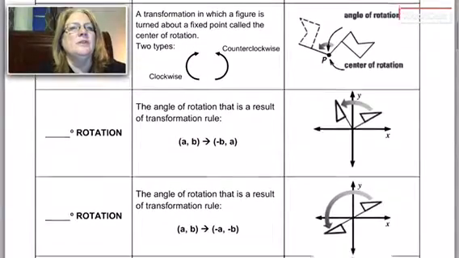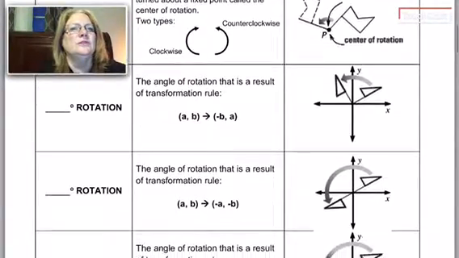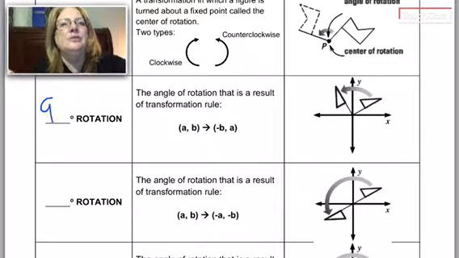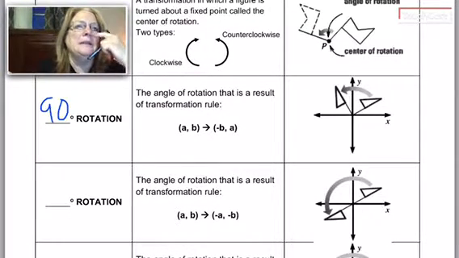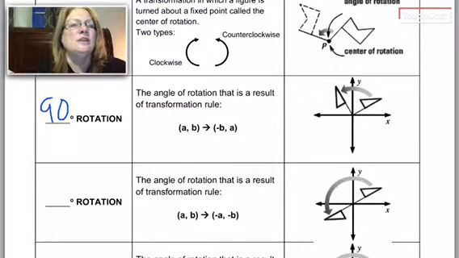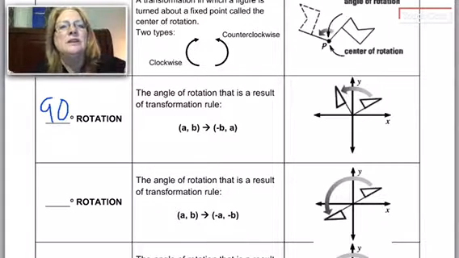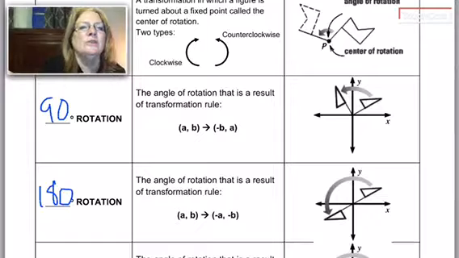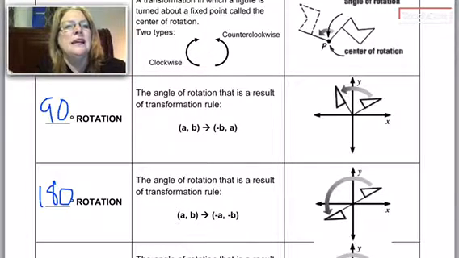Okay, so here we have the rules. So we have the 90-degree rotation, and this is going to be a counterclockwise rotation. And the rule is you take the coordinates (a, b), which you could call (x, y), and it becomes (-b, a). So we'll do examples. And then we have a 180-degree, again, counterclockwise rotation, and the rule is (a, b) becomes (-a, -b).